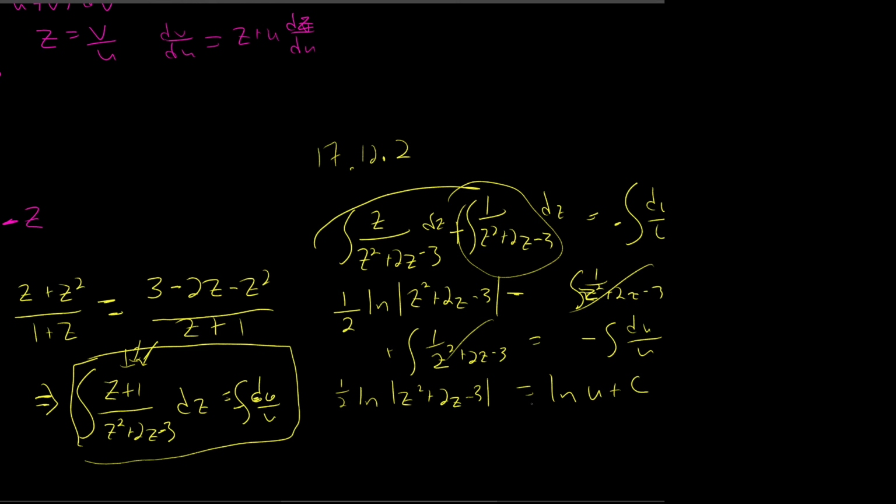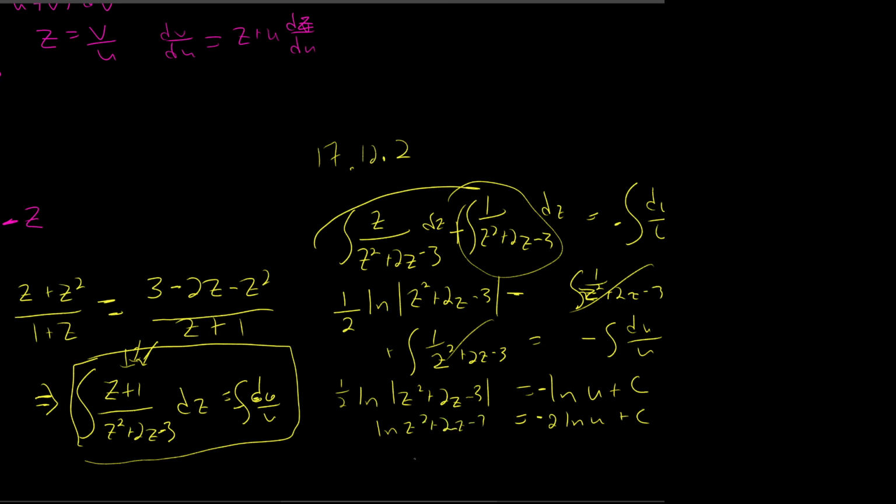Okay, I'm going to multiply by 2, so I get 2 ln u plus c, because 2 times c is still c. And I forgot my negative sign hanging out there. I'll keep my negative sign back. That's good. And this is ln z squared plus 2z minus 3.